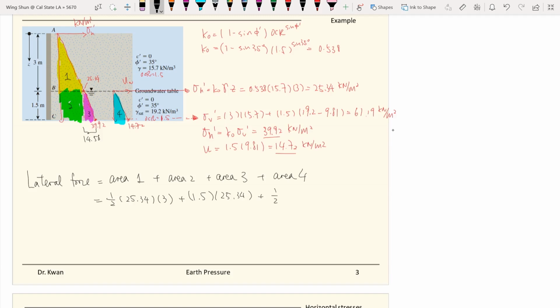So that will be 14.58 times 1/2, and then finally the area of the water pressure.